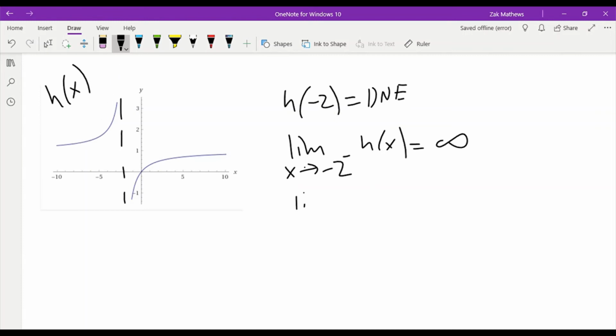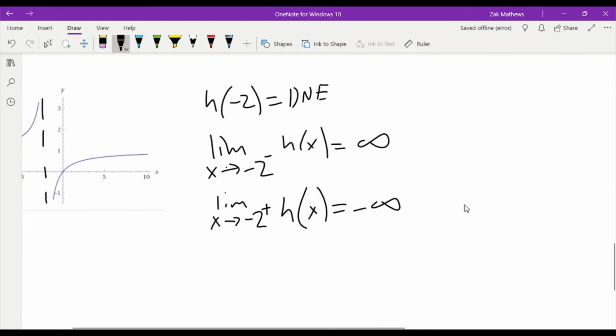However, if we're coming from the right, we can see that it's going down forever and ever, going down to negative infinity. And so this is another one of those cases where we have this disjoint approach. And so in terms of the two-sided limit, we'd have to say that that doesn't exist.